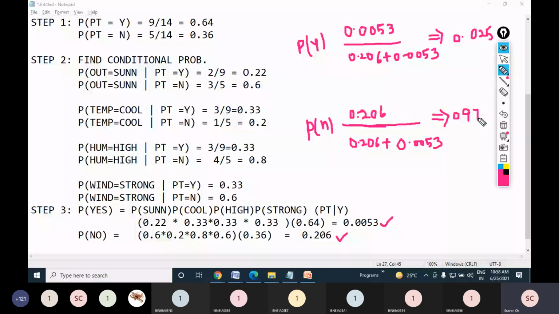This is actually 0.0206. This product, 1 second. There is another zero here, 0.0053 and 0.0206. So friends, another zero will come here. This is also 0.0206. Now let us do the calculation.